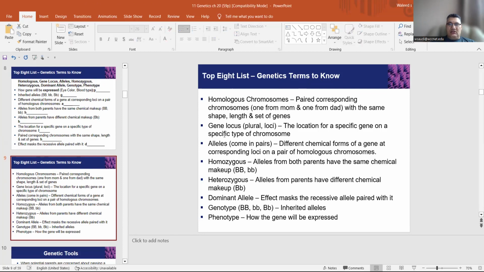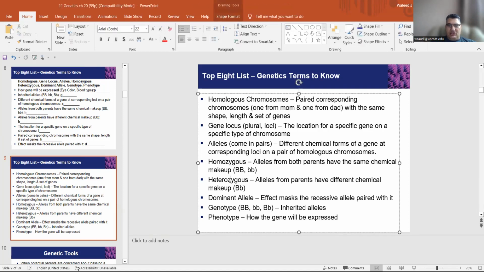So here it is what we just talked about: location of a specific gene in a specific chromosome, alleles, which is a pair. This is the chemical form of the gene. At correspondent loci, same locus. Can be homozygous or heterozygous. Homozygous, both alleles, same thing.